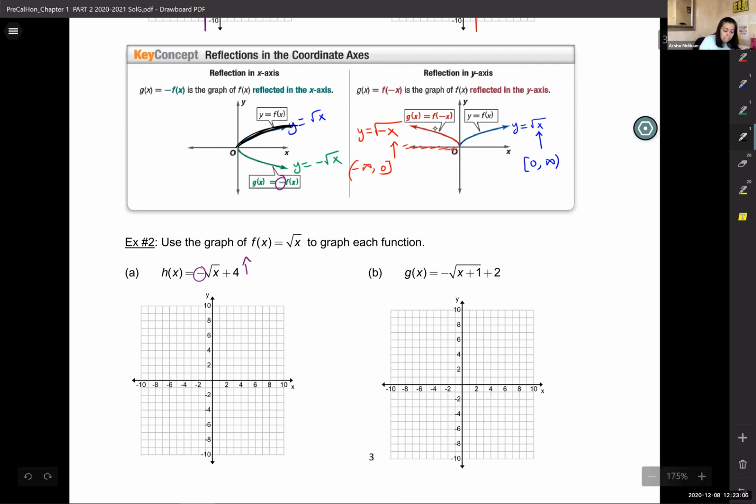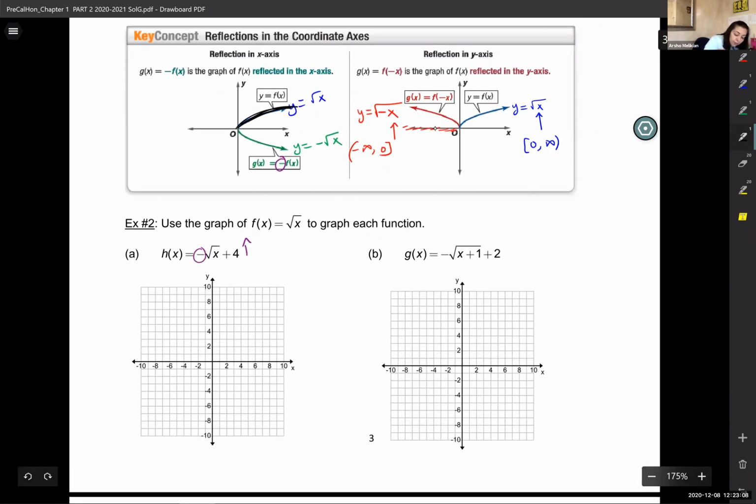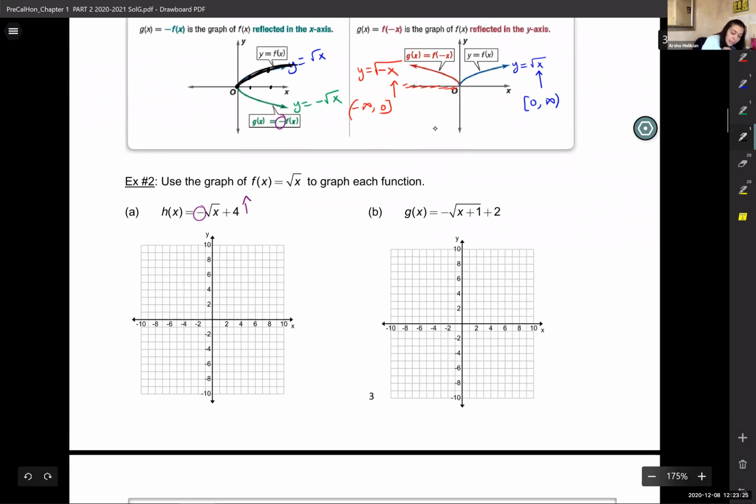So the way I would graph root x is when x is 0, y is 0. When x is 1, y is 1. And then I put in perfect squares. When x is 4, y is 2, and so on. Okay, so here, the graph has moved up 4 units.